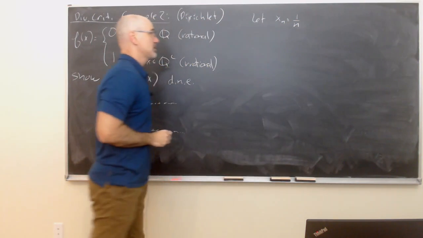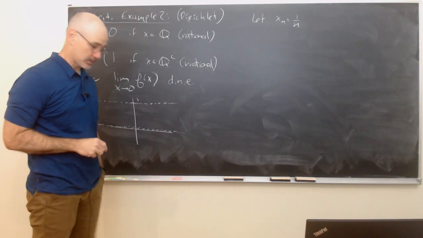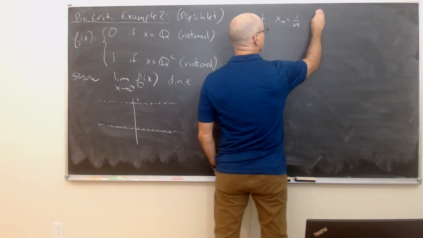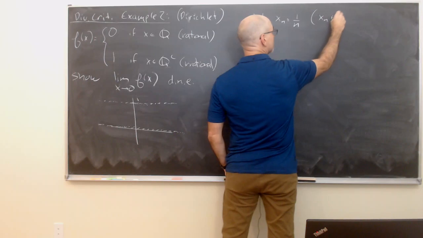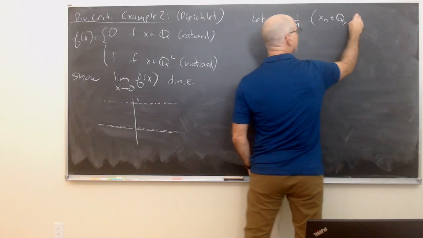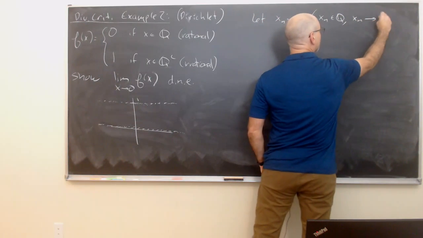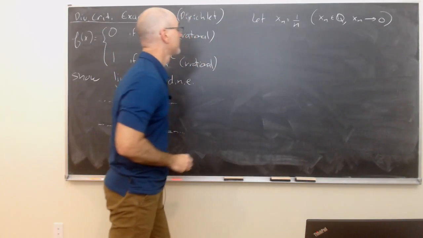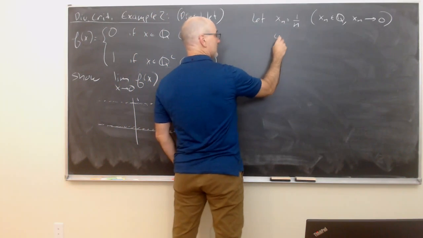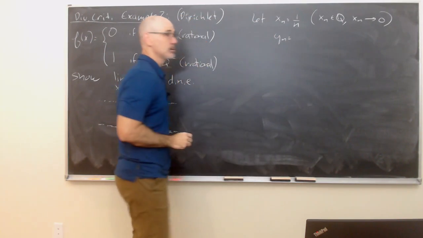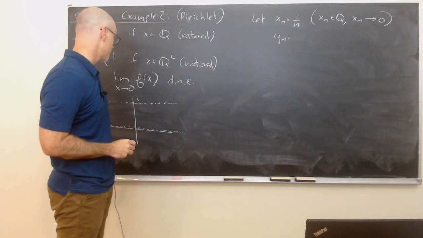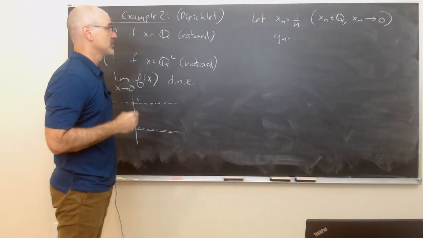And one of the easiest of those is 1 over n. So x sub n is rational and approaches 0. And I'm going to take y sub n to be an irrational sequence that approaches 0. You can arrange this a number of ways.